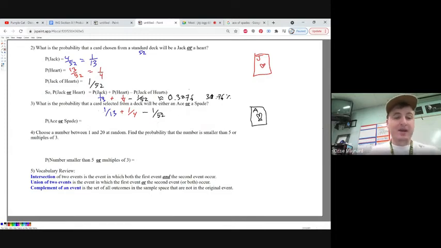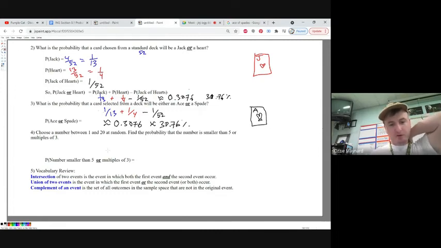Yeah, it's the same idea as problem number 2. The correct answer should be approximately 0.3076 or approximately 30.76%. Could you write your answers as a fraction? You could, right? But would you? You know, it would take a little bit more work. It's up to you.